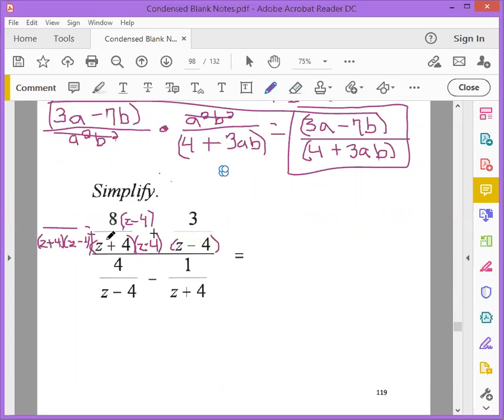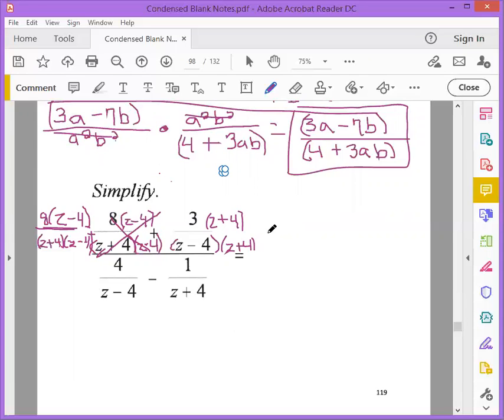In the numerator, we have 8 times that factor of z minus 4. Now, with our fraction on the right side, we had that factor, remember, of z minus 4. We needed to add the factor of z plus 4. We have to multiply the numerator and the denominator by that factor of z plus 4.